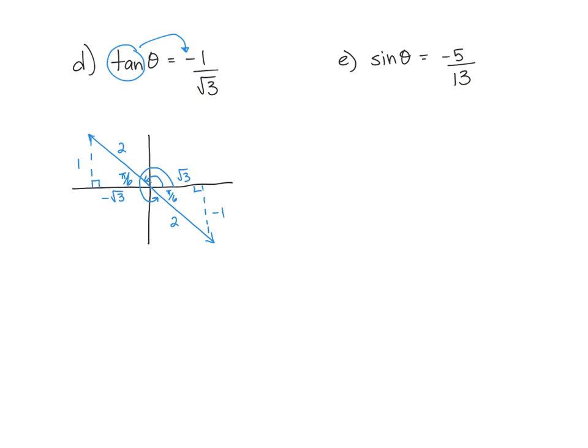So now when I go to give the value of theta, I know for my first rotation, I am pi by 6 shy of a pi rotation. So again, 6 pi by 6 minus pi by 6. So I'm 1 pi by 6 shy, which will give me my 5 pi by 6. Or we notice as I rotate, I am pi by 6 shy of a full rotation, which would give me 11 pi by 6.